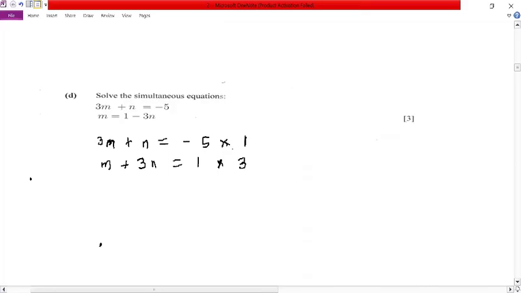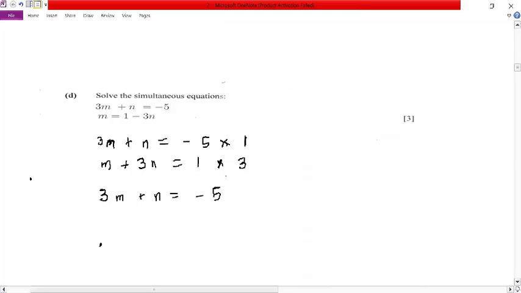So here we just invert, isn't it? Then we multiply each and every term with 1 on the first equation. So there's no change. We'll still get 3m plus n is equals to minus 5.